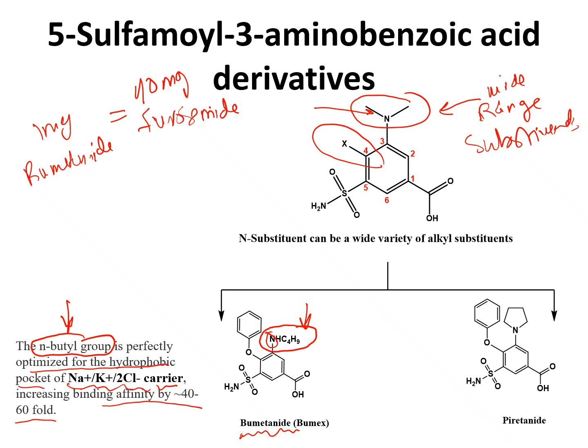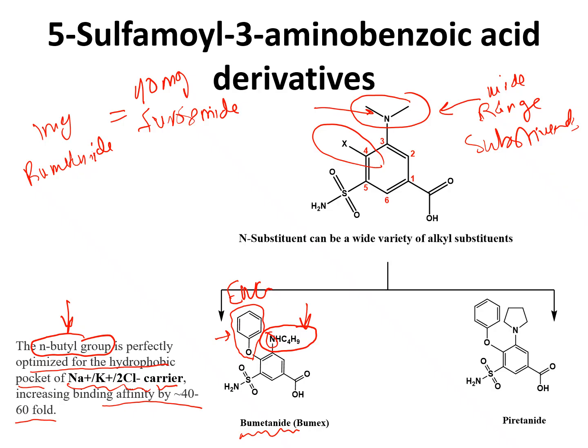And of course you'll see there is also a difference in this electron withdrawing group, but it's not very important. If you put chlorine it would still give a very effective compound in the same way. The difference is the nitrogen at the 3 position. So that difference made the compound 40 times more potent. In fact, bumetanide is given to the patient at a dose of 1 milligram, which can be increased of course, but typically 1 milligram is equivalent to 40 milligrams of furosemide.